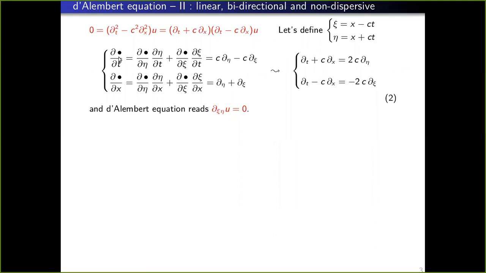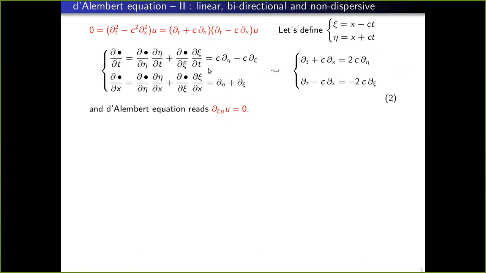Now, the time derivative of something, if this something is now expressed in terms of psi and eta, is d something d eta dt, plus d something d psi dt. I mean, that's the chain rule for the relation. And this d eta dt, from there, it's clear that it's c. Instead, d psi dt, it's clear it's minus c. So we get this expression.